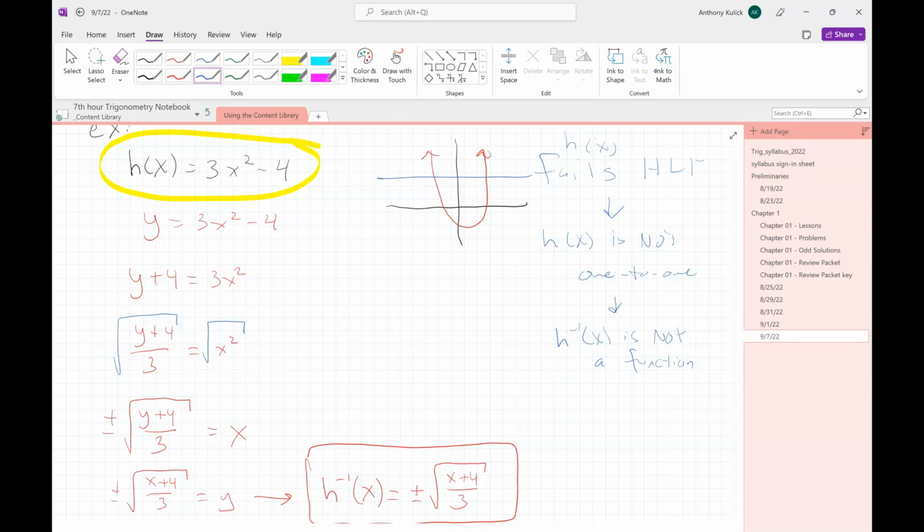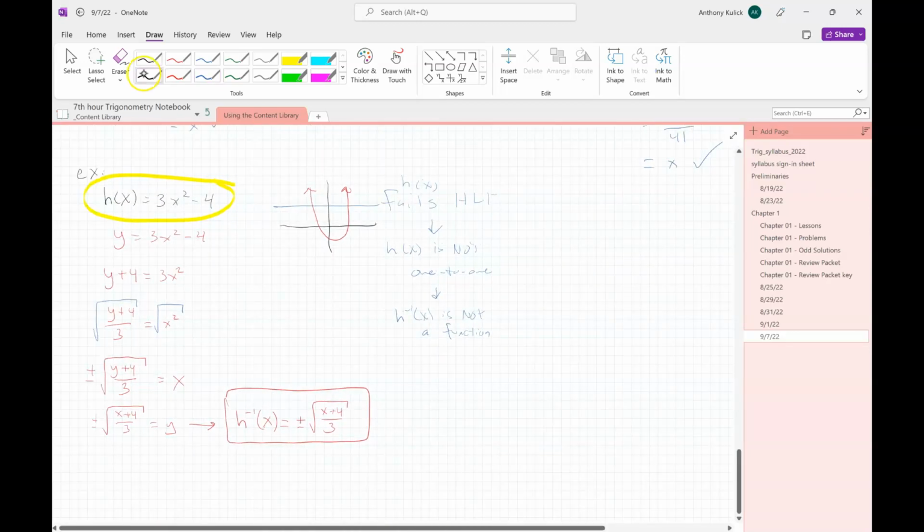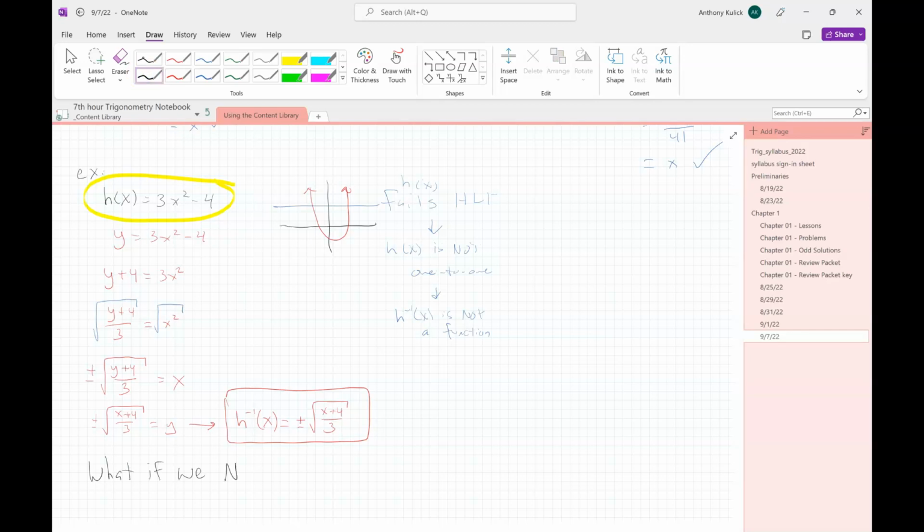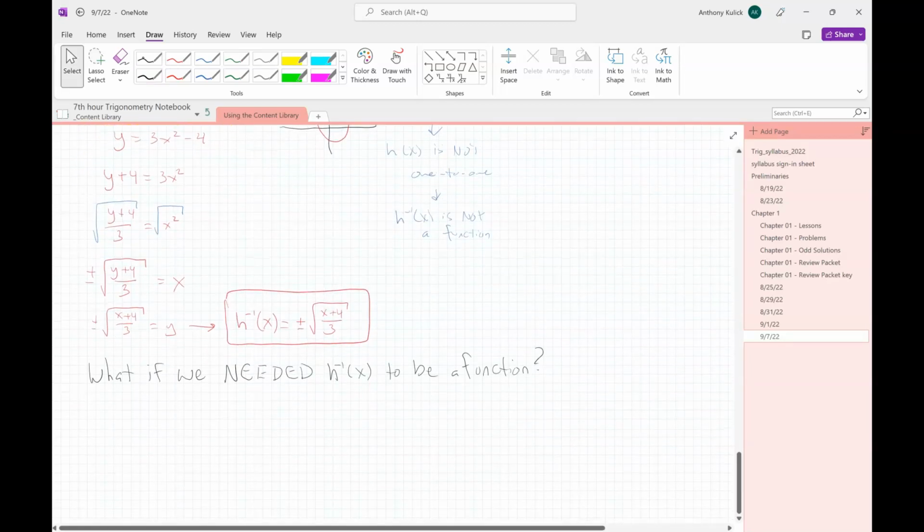Everybody cool with that? What if we wanted h inverse to be a function? And maybe we want to say even stronger than want. If we needed h inverse to be a function, what should we do?